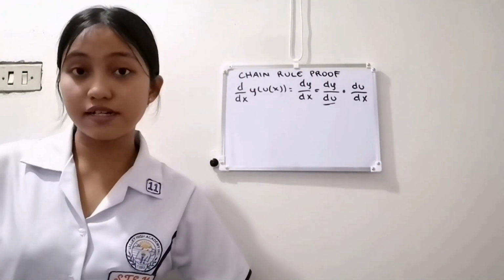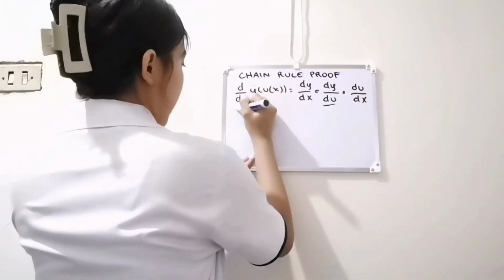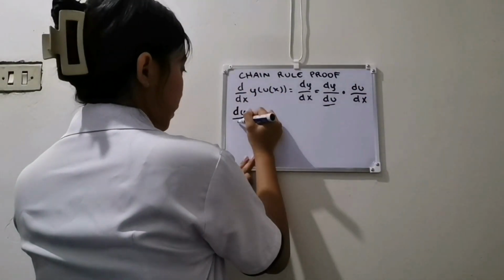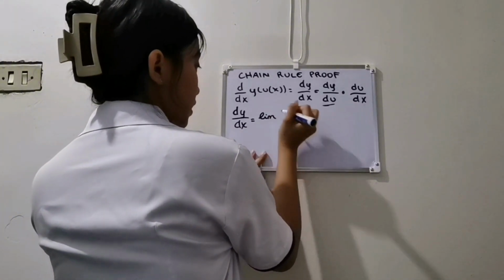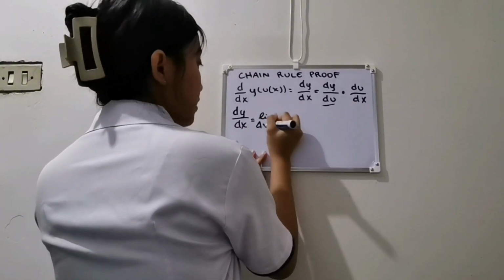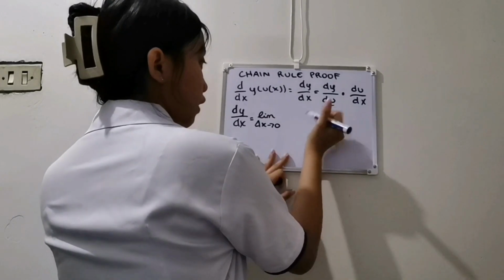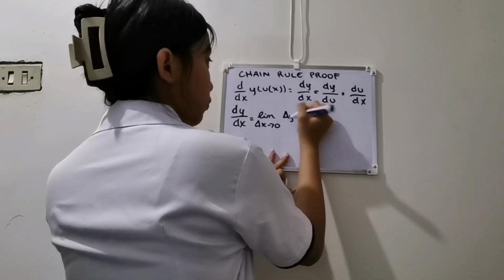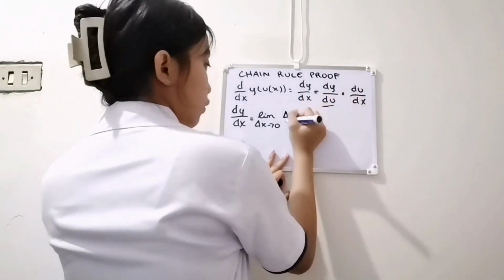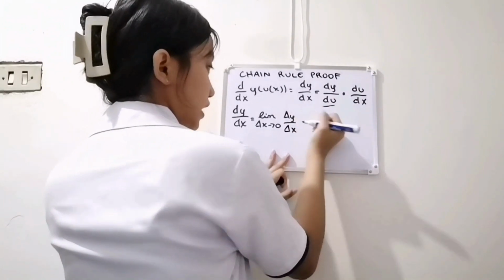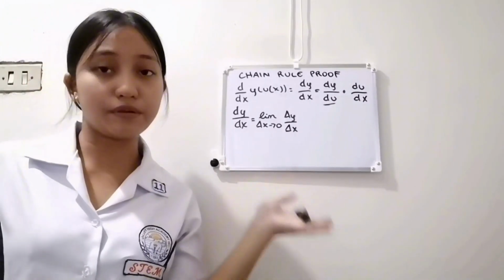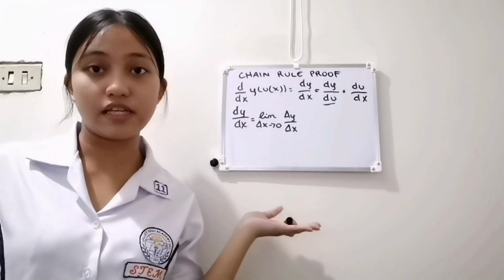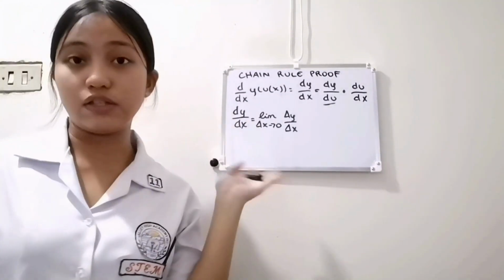Well, we just have to remind ourselves that the derivative of y with respect to x is equal to the limit as delta x approaches 0 of change in y over change in x. Now we can do a little bit of algebraic manipulation here to begin to introduce the change in u.